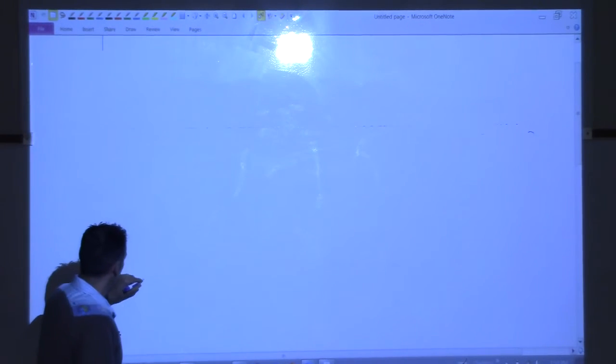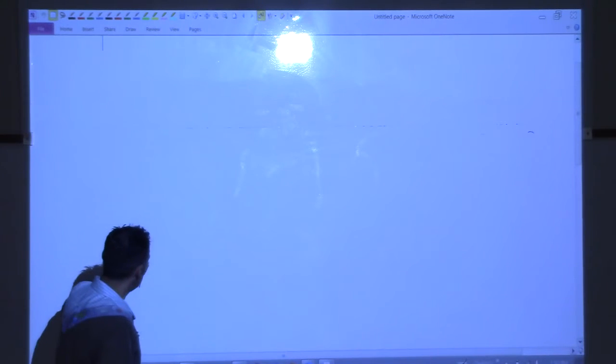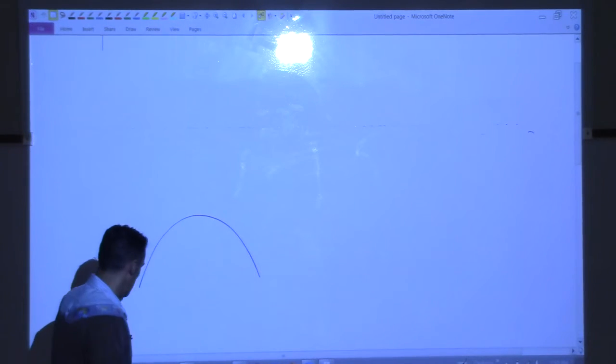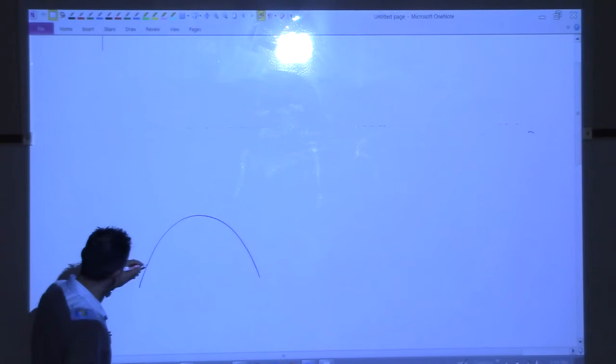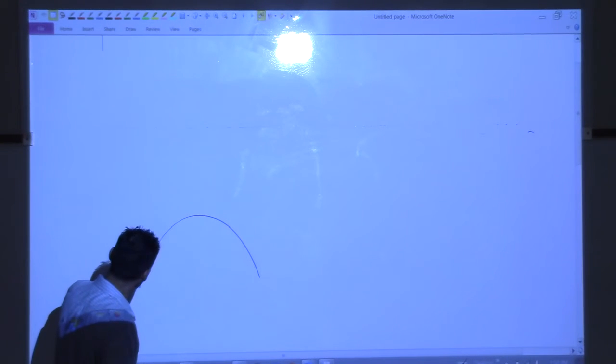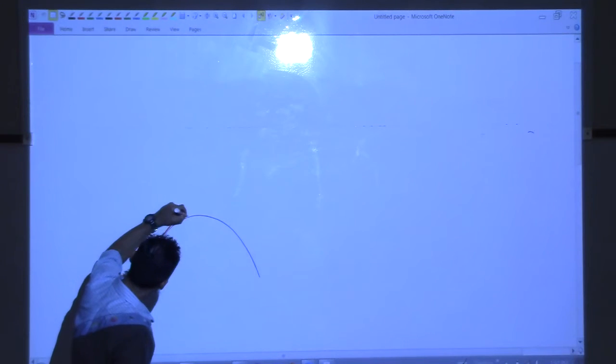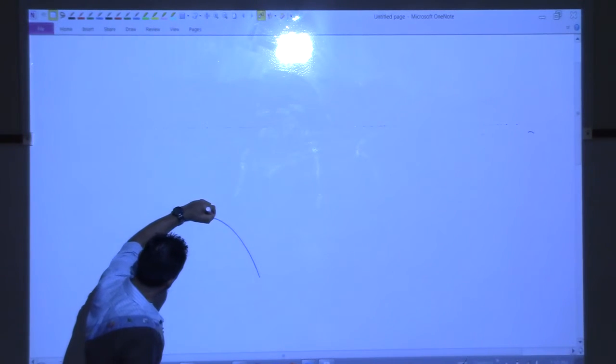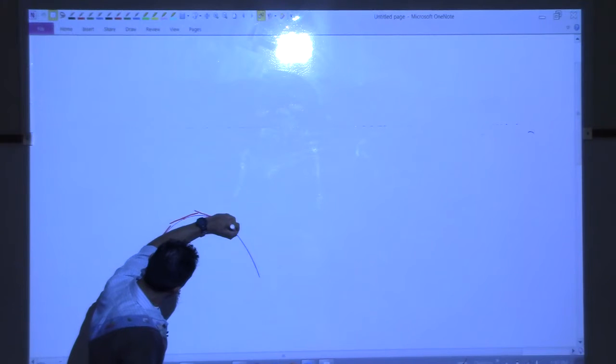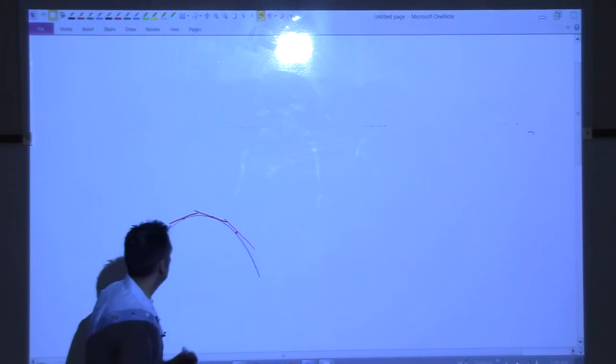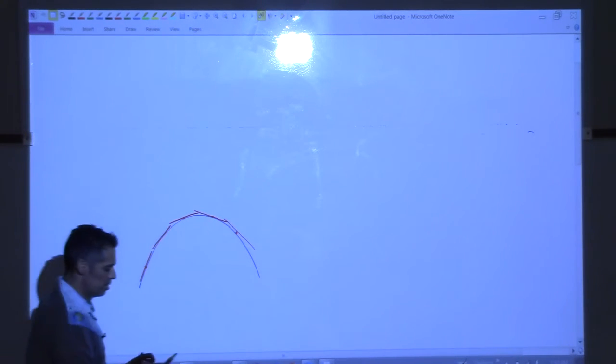What makes a function concave down is the fact that, well, let me draw you something and see if anyone in this class can figure out the difference between concave down and concave up. It's usually really hard for students to see this. Okay, that is a concave down function.